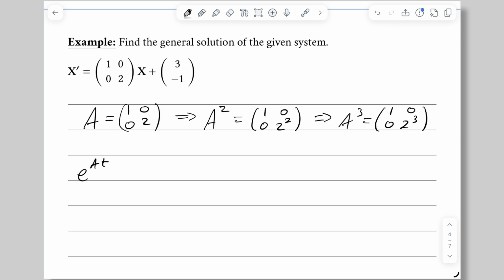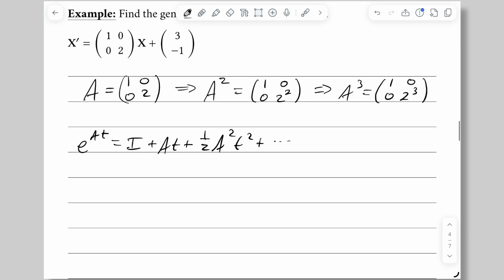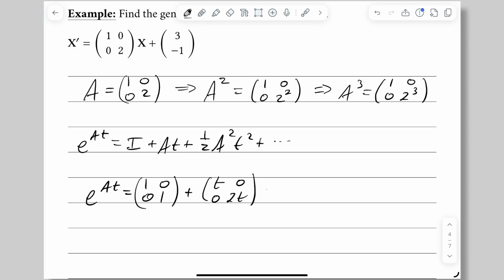Putting this into the form of the matrix exponential, we have I plus A times t plus 1/2 A squared t squared, and so on. But we have A squared and A cubed in front of us. So in this case, e to the At is going to be 1, 0, 0, 1 for the identity matrix, plus t, 0, 0, 2t for A times t, plus 1/2 t squared, 0, 0.